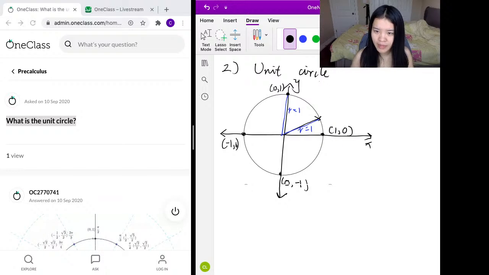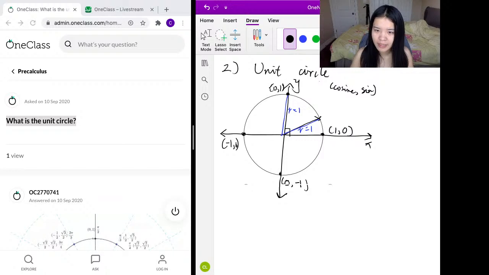Furthermore, we also know that for each point, the x value is cosine and the y value is sine. So, for example, if the angle is 90 degrees, cosine of 90 degrees would be 0, and sine of 90 would equal 1.